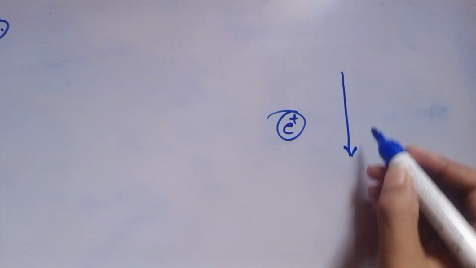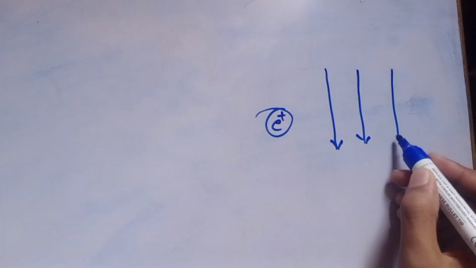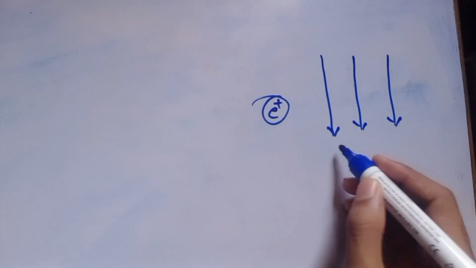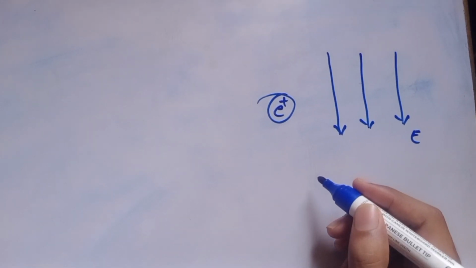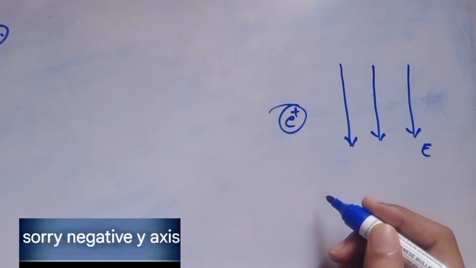E positive, which represents the positive charge, and this line represents the electric field, which is facing in the negative x-axis.